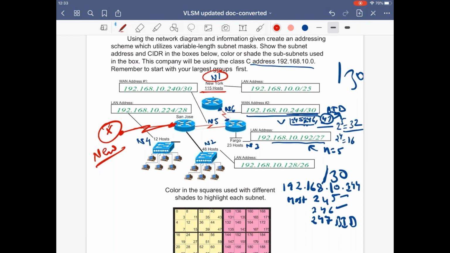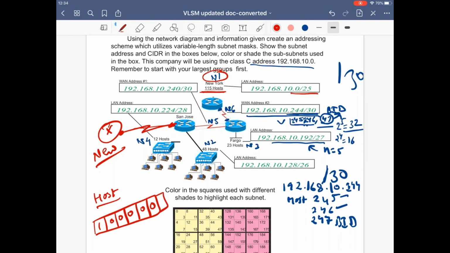Okay, now tell me, in network 1, with 115 hosts, how many valid hosts are you getting? It starts from 192.190.10.0 and goes up to 127.